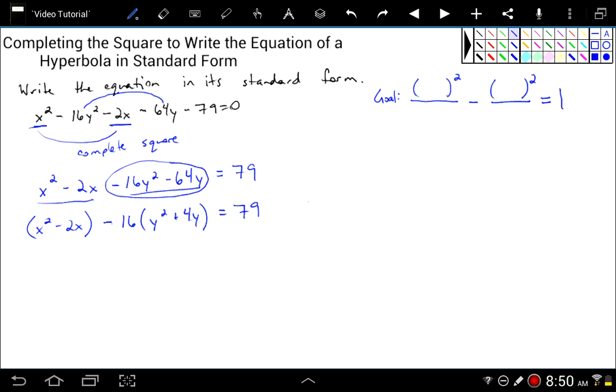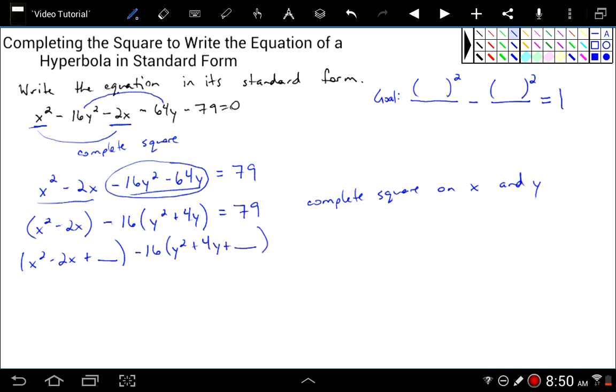So complete the square on x and y. So I'm going to add something to the x's, and I'm going to add something to the y's, and then I will have to keep the equation balanced by doing the same thing to the other side. Don't worry, we'll figure out what to add in a minute.